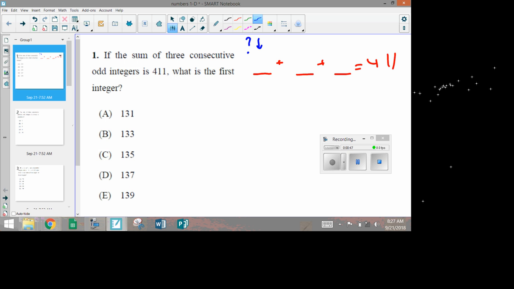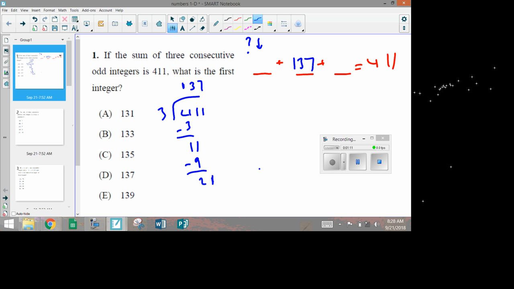So 411 divided by 3 is 137. Subtract 1 goes here, so this one is always the middle number. This is a very important rule.